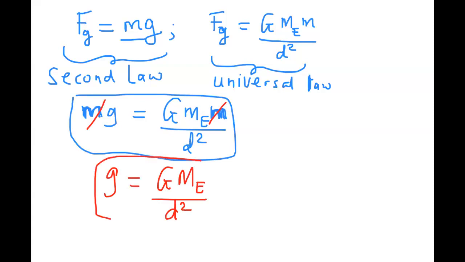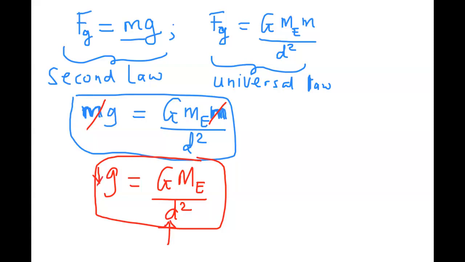So what I'm saying here is that the value of g is 9.8 meters per second squared only near the Earth's surface. As we move further away, you see there's a distance here. As the distance becomes larger and larger than the radius of the Earth, then this one will be decreasing.